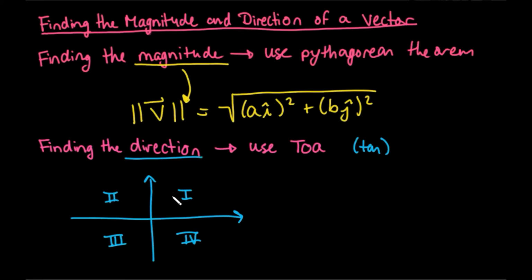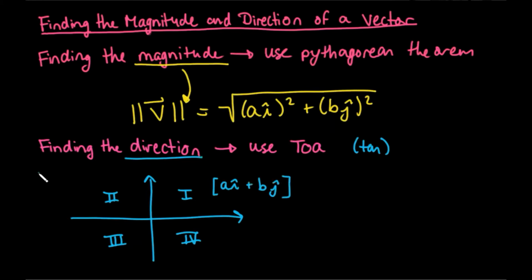So, in order to find out which quadrant your vector is in, you need to look at the signs of your vector components or from your unit vector notation. And the signs are written like this. In quadrant 1, you will have positive i and positive j vectors.